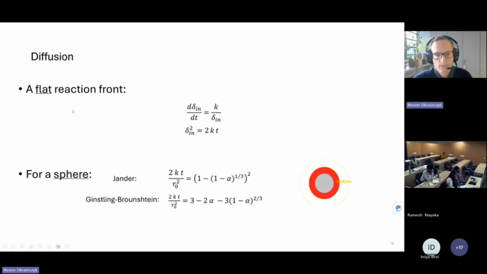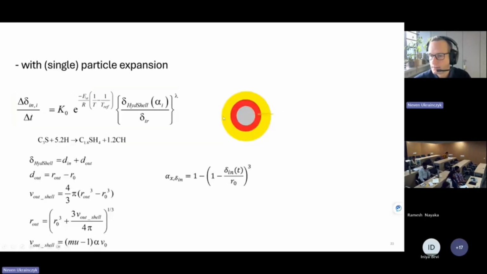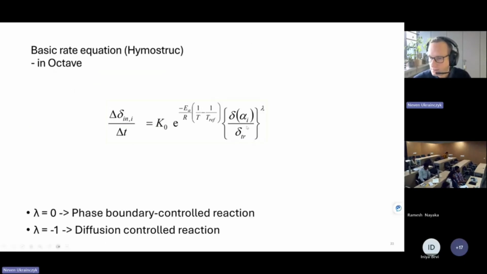So you can use the flat reaction front simplification, and you will see this flat reaction front actually goes with K divided by the diffusion depth. So this is exactly the diffusion model for a flat reaction front. This is why diffusion also looks like a square root law. And this is exactly what is implemented in Heimerstruck. You have this diffusion-based model here for the flat surface.